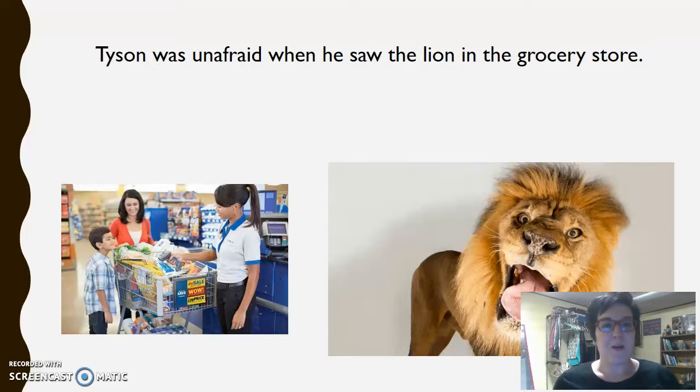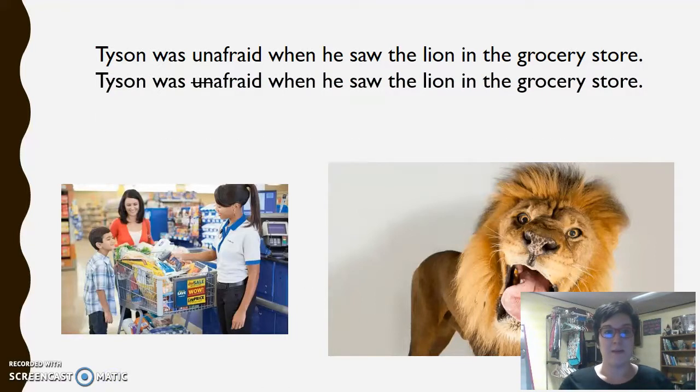Can we figure out what word here has a prefix that we're trying to figure out? You're right, it's unafraid. Now, what would happen to the sentence if we got rid of the prefix? It would become: Tyson was, we get rid of the un, and we have afraid when he saw the lion in the grocery store.